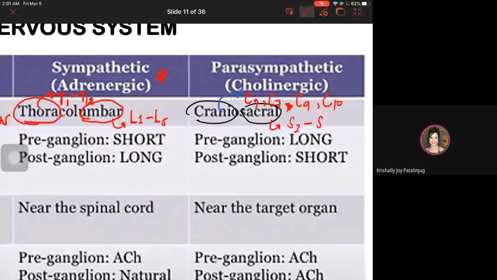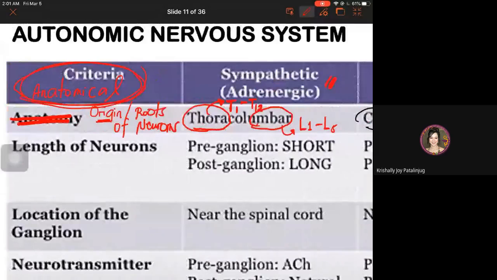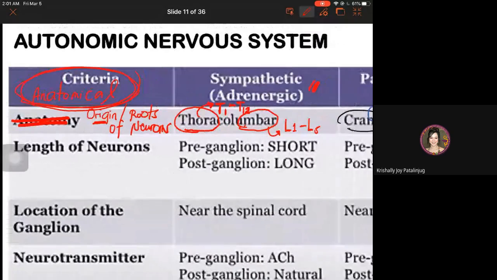So from S2 to S4. Again, parasympathetic neurons are rooted in the craniosacral region of the spinal cord. So overall, that is for the origin of the neurons, the first anatomical differences.